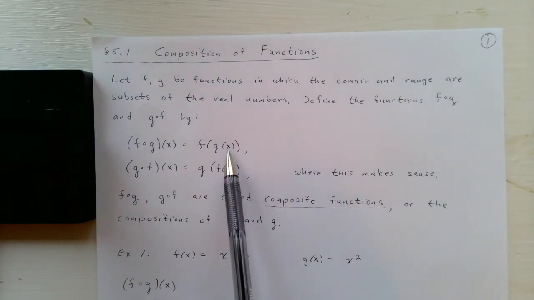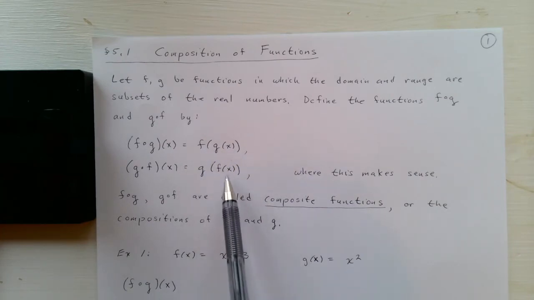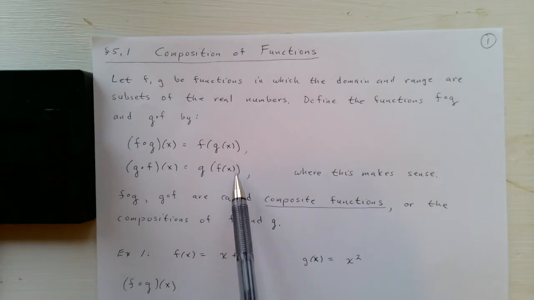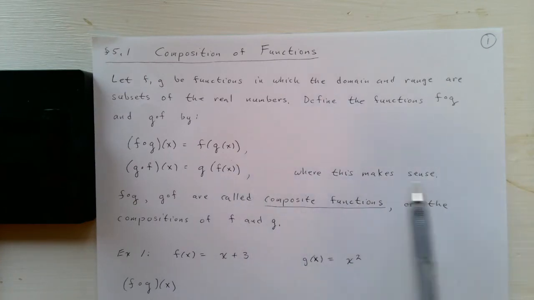In this case, obviously x has to be in the domain of g, and g of x, whatever that is, has to be in the domain of f. Here, x has to be in the domain of f, and f of x has to be in the domain of g. So rather than write all this stuff out, I just say where this makes sense.